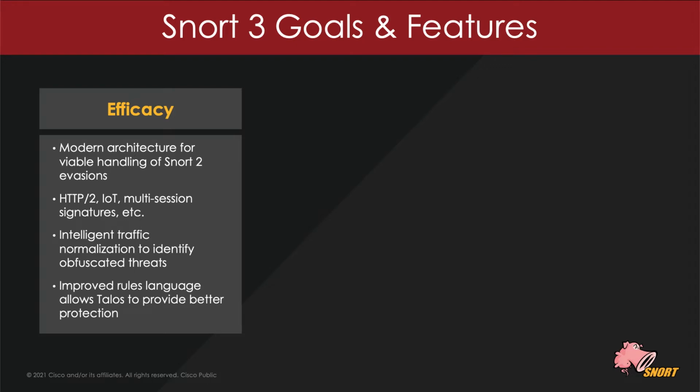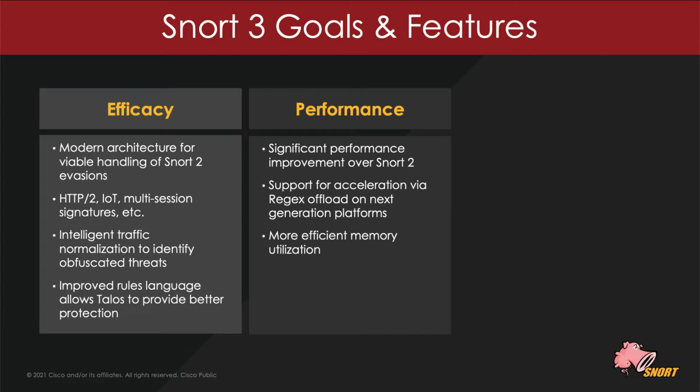So that's another goal. Performance: we wanted a significant performance improvement over Snort 2. We know there are some things Snort 2 is not doing as efficiently as it could, so let's try to improve on that. One of those is acceleration. We want to be able to accelerate things like the searches. Regex, or regular expression searches, have historically been one of the worst performing keywords you can have in Snort, the PCRE keyword.